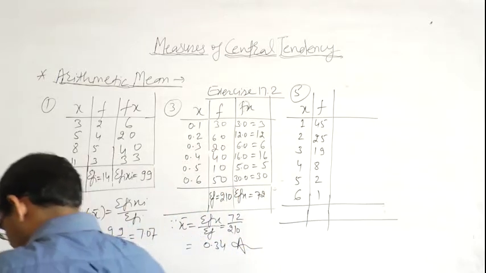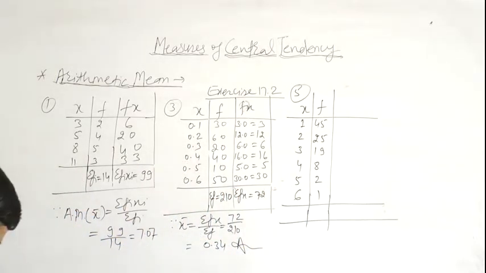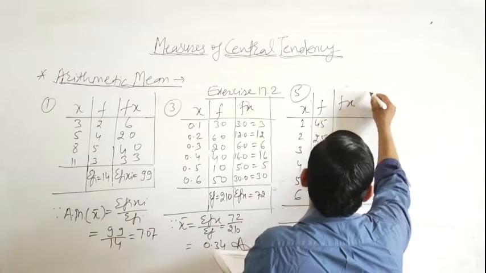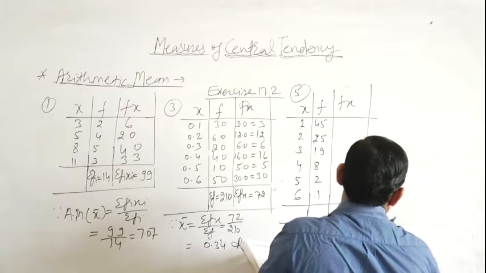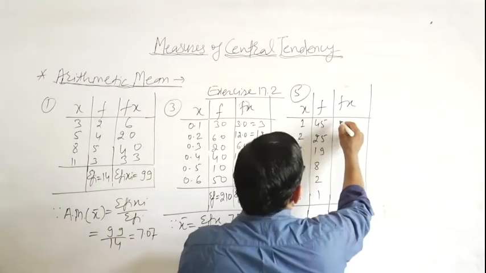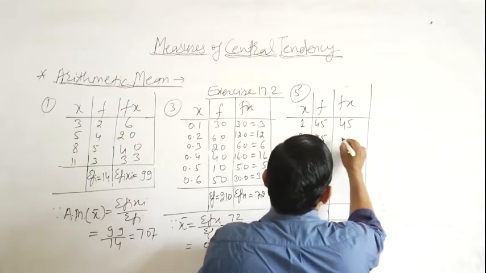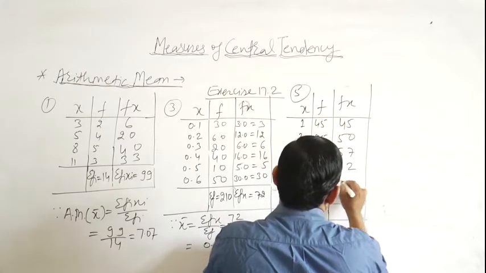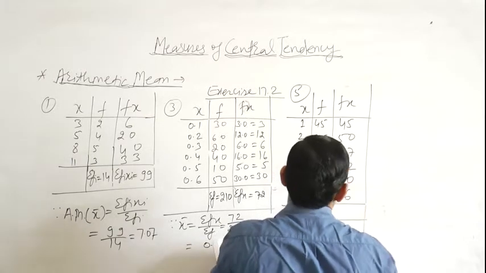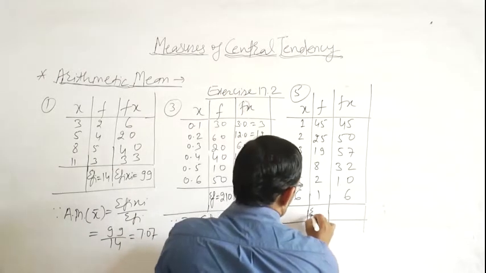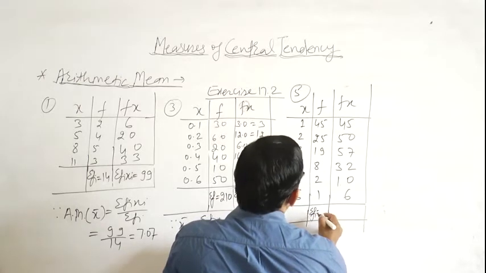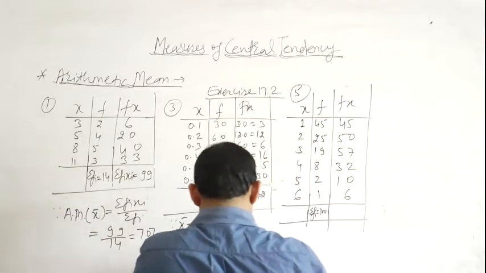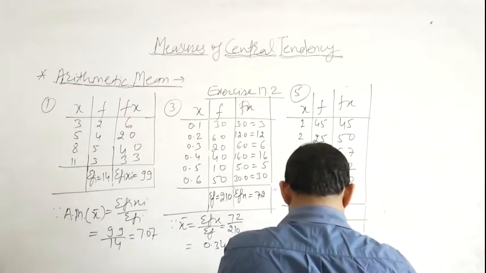So in this question, number of children and number of families are given. Find their arithmetic mean. So again, first we find out fx. So 45, 50, 57, 32, 10 and 6. Sigma f is 100 because total 100 families.